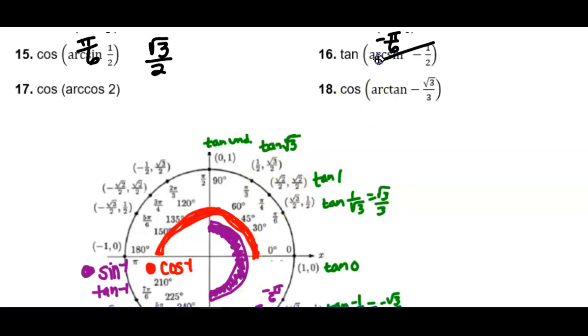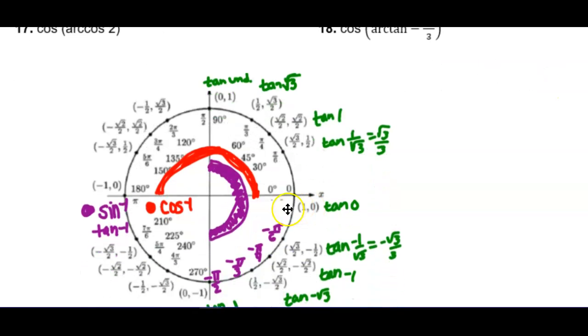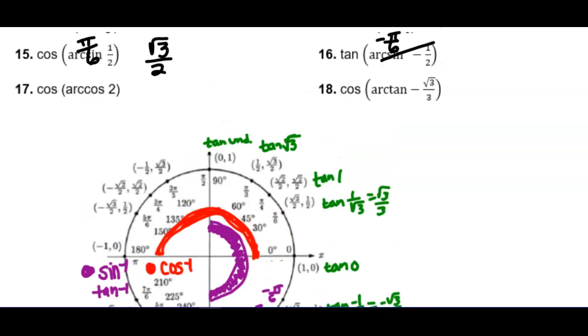It doesn't matter though, because it doesn't want an inverse tangent. It just wants the straight up tangent. What is the tangent value if you go to negative pi over 6? Well, right here, the tangent is y over x, so negative 1 over square root of 3, which rationalizes, and some of you already saw it down there, it's negative square root of 3 over 3.